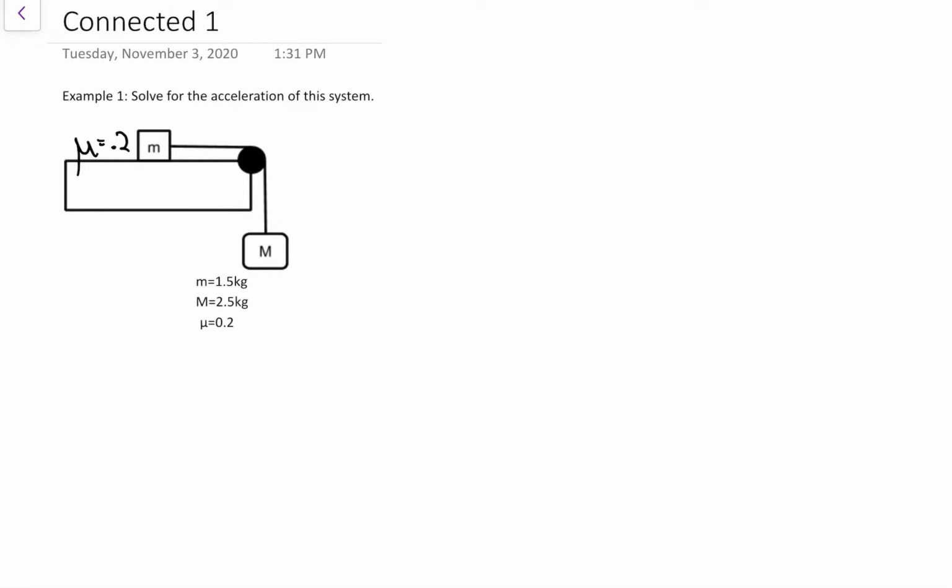Let's start off looking at capital M, which was 2.5 kilograms. When I draw the free body diagram on it, so those skills we practiced in the last chunk, same sort of stuff is going to go on here. It's accelerating in the vertical component. I've only got 2 forces, gravity pulling it down, tension pulling it up. I'm going to set up Fnet equals ma, just like we did in those other problems.